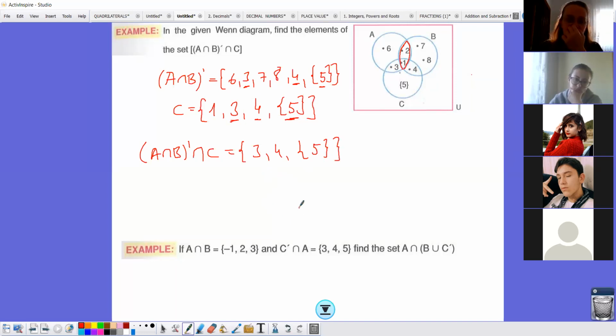Is it okay? Did we understand? Teacher, why is that 5 like that? It's given like that. It's like another set inside of a set. It's not only an element, it's a set as an element.